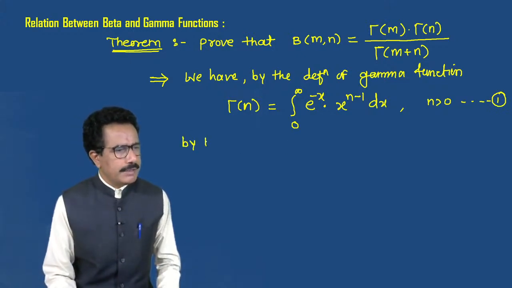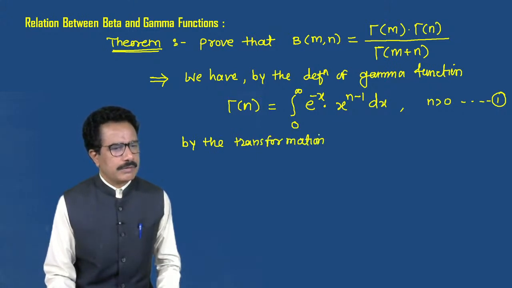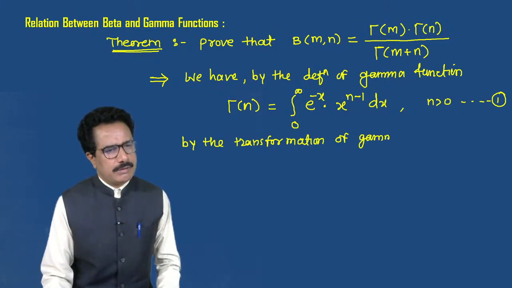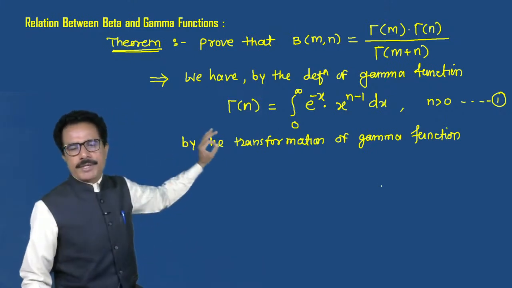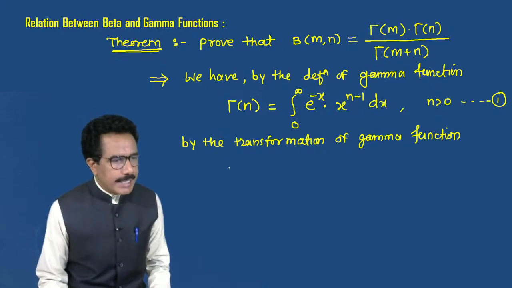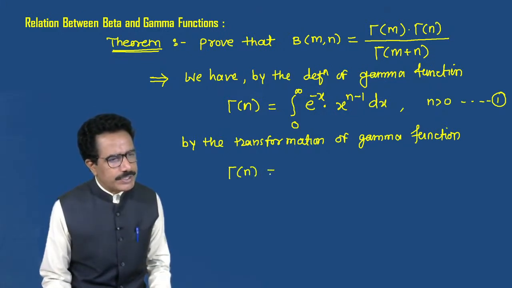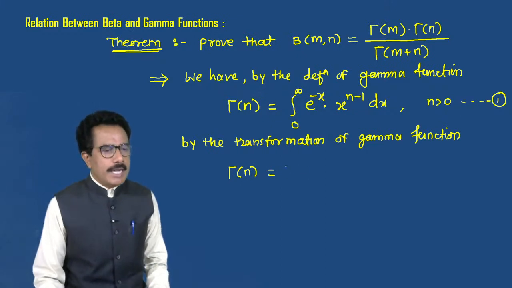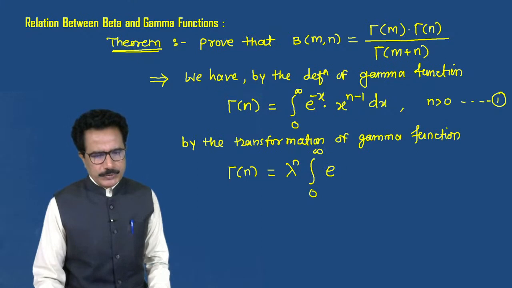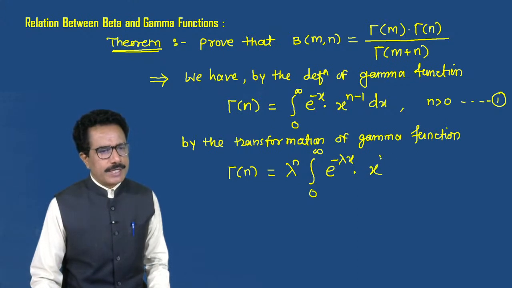Now by the transformation of a gamma function, we know that gamma of n is equal to lambda raised to n integral from 0 to infinity e raised to minus lambda x into x raised to n minus 1 dx.